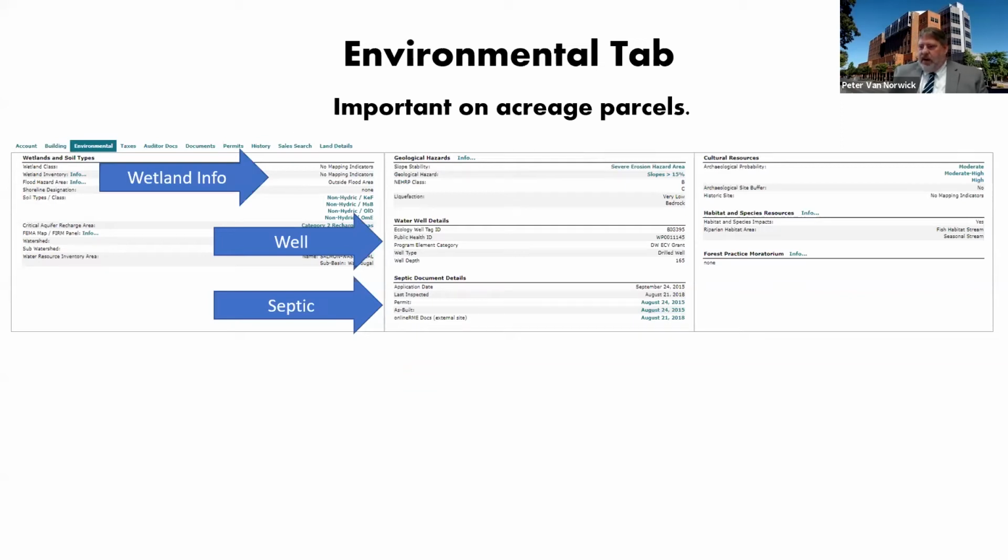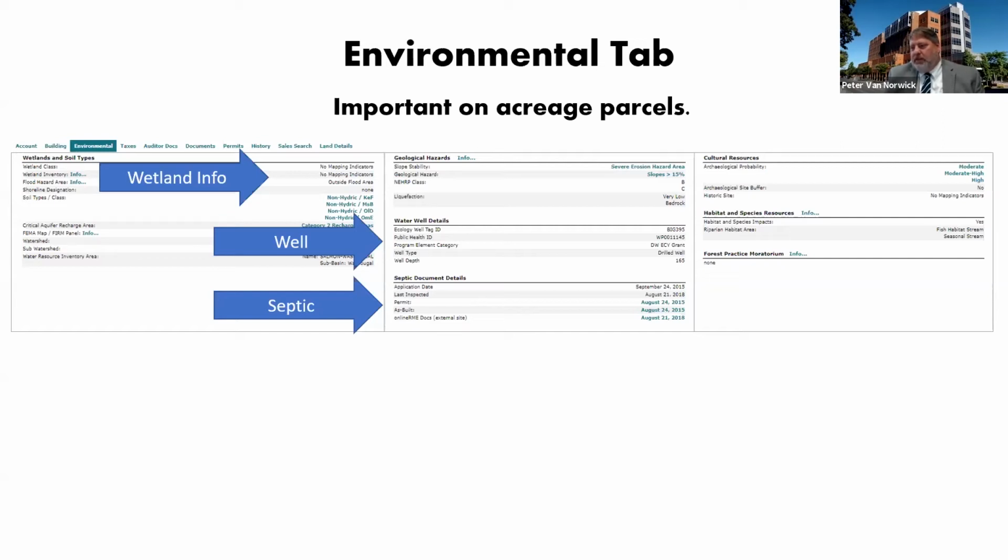So the next one's the environmental tab. And we do put in there whether or not the property has wetlands in it or not. And then you can see if it has a well. We put that information in, and if it has septic. So like I say, if it has septic and people are telling you, hey, can I build an ADU here? And you see it's a 4 bedroom.